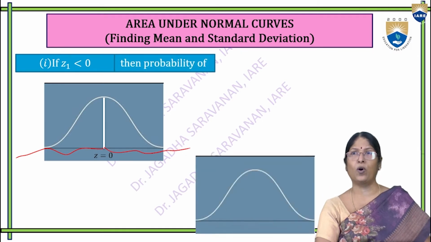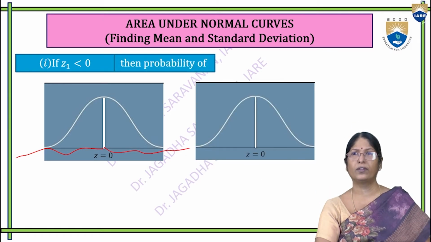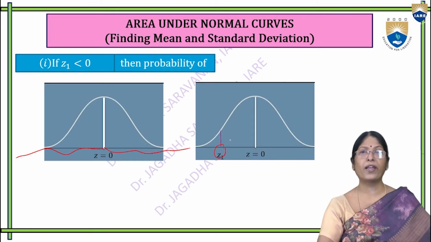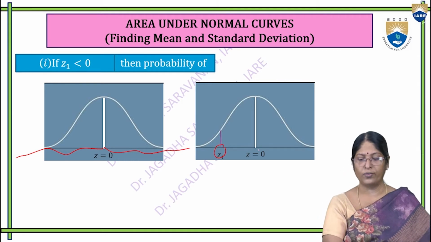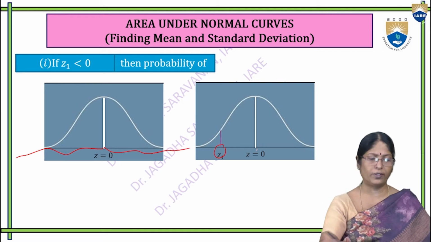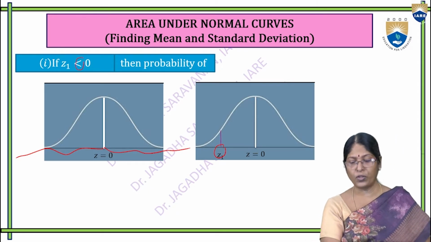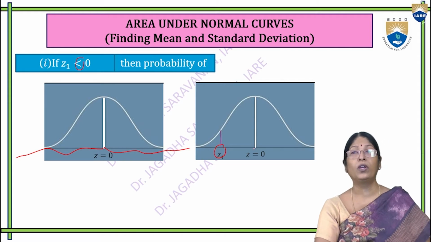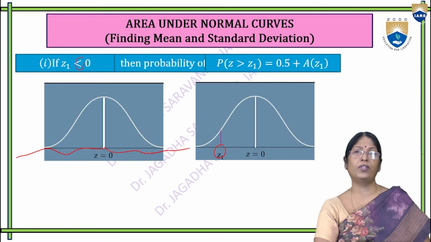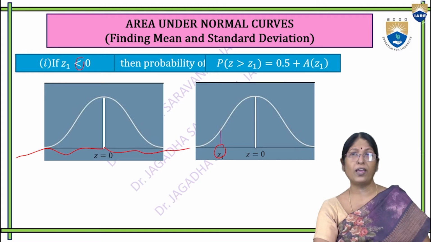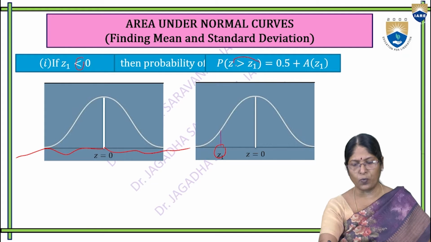Why is it placed to the left side of z equal to 0? The reason is the symbol less than, so it should be placed left of the point z equal to 0. Now, what is the question they are asking? They are asking us to find the probability of z greater than z1.